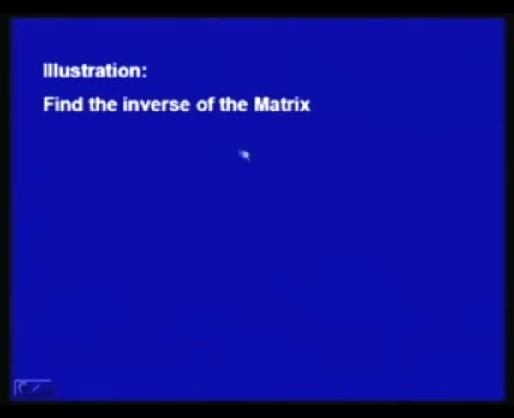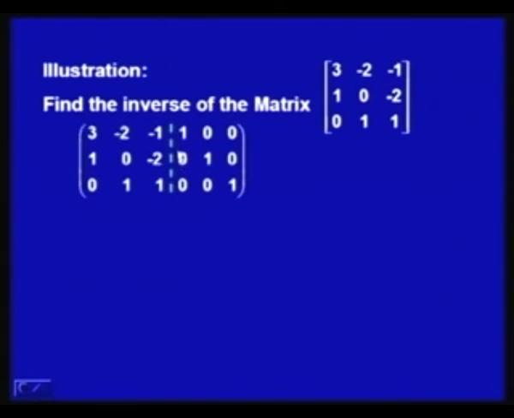Now, let us illustrate with an example. Let us find the inverse of a 3 by 3 matrix as this. Then we consider the augmented matrix, and on the right hand side will be an identity matrix of order 3.